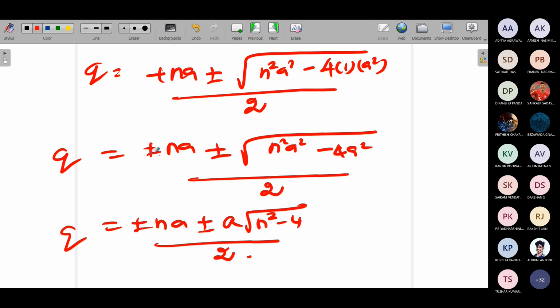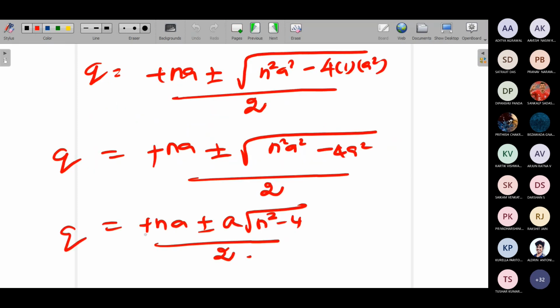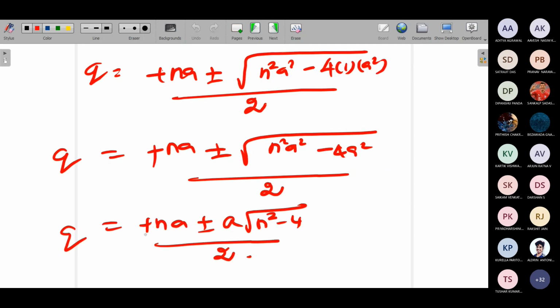It is only plus here. So I'll get NA plus or minus A into square root of N square minus 4, by 2, into dx.